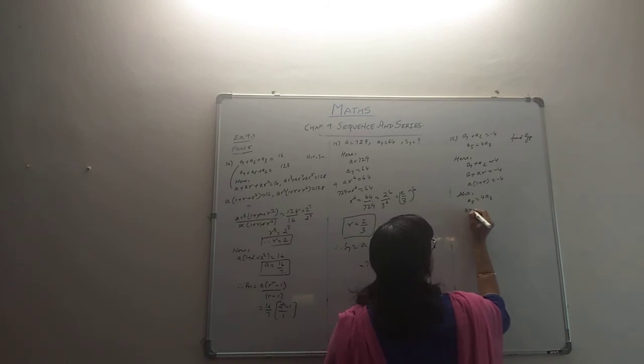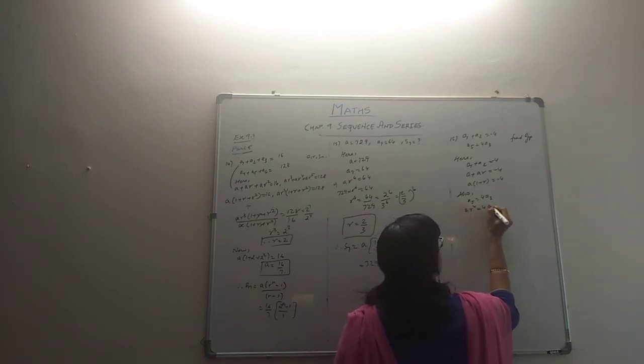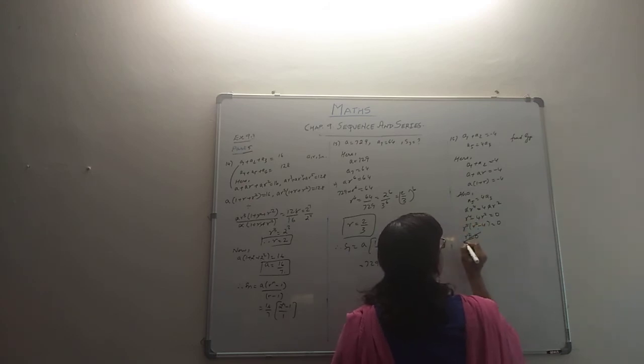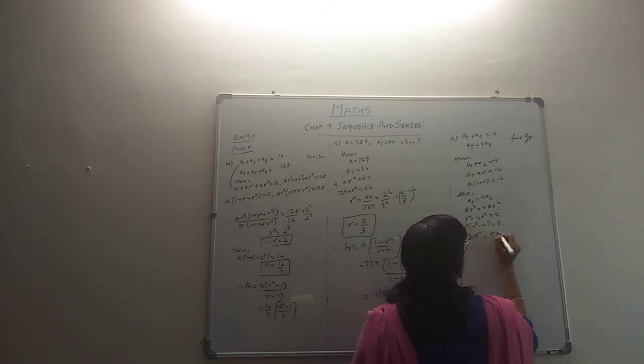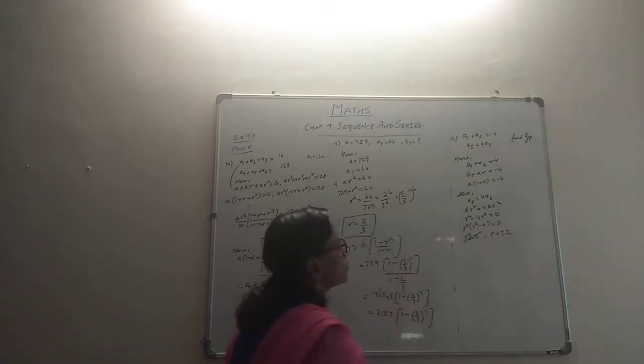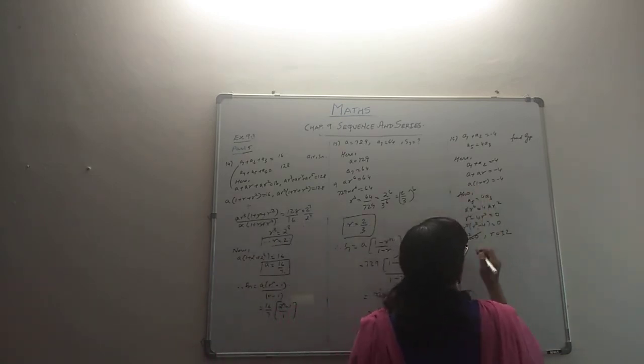So that is ar raised to 4 is 4 times ar squared. You can have the a cut. So you have r raised to 4 minus 4 times r squared equal to 0, r squared common, r squared minus 4 equal to 0. Either this is 0 or this is 0, but r squared equal to 0 we need not consider because it's of no use. So r squared equal to 4 means r is plus or minus 2.